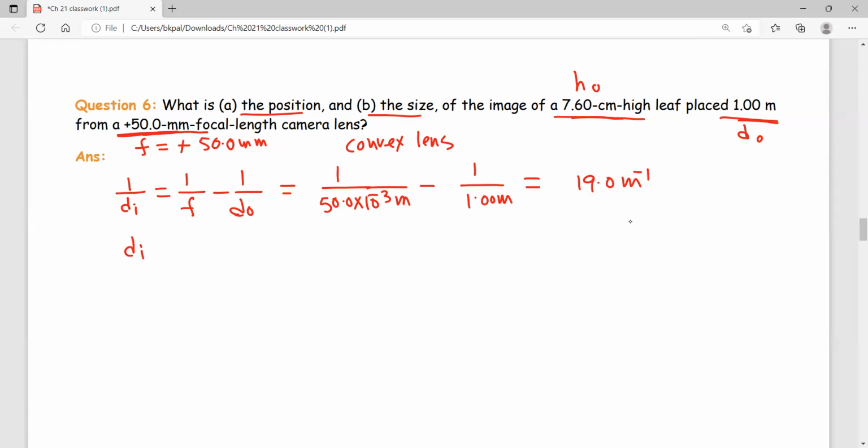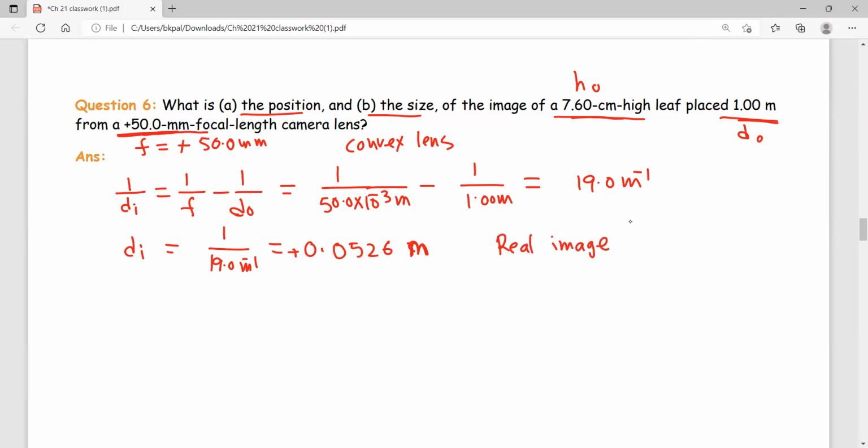Then di will be 1 over 19 inverse meters, which is equal to 0.05266 meter. So this is the image distance, and you see this is positive. Positive means we get a real image.